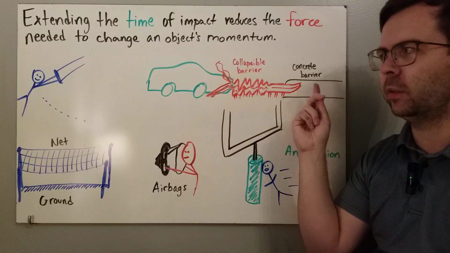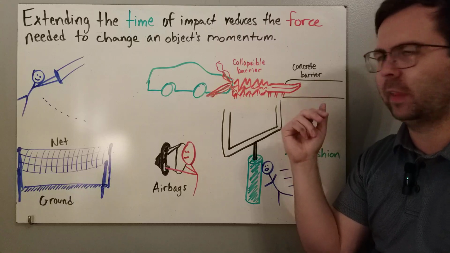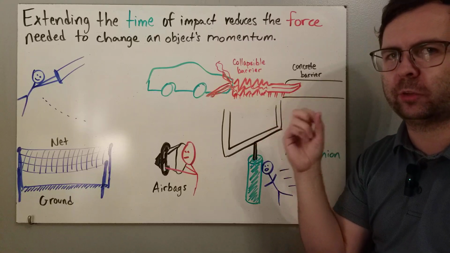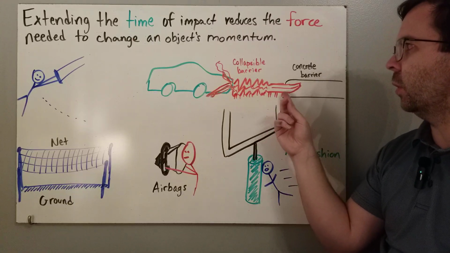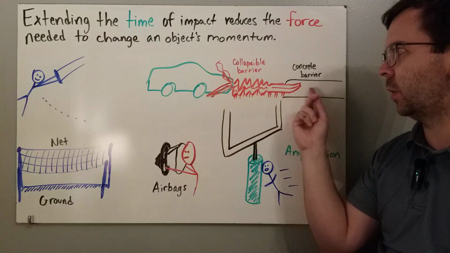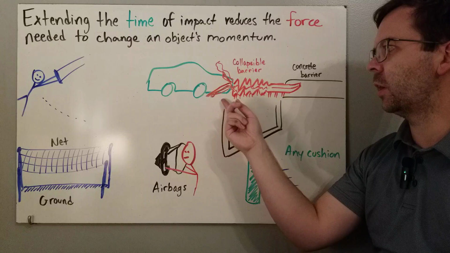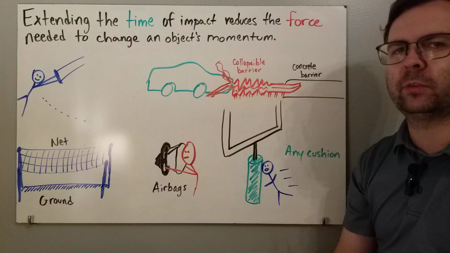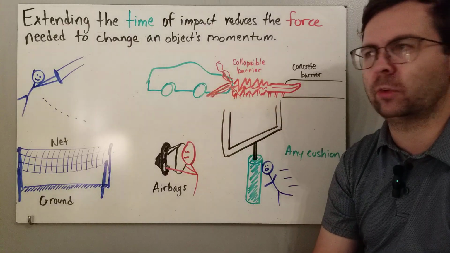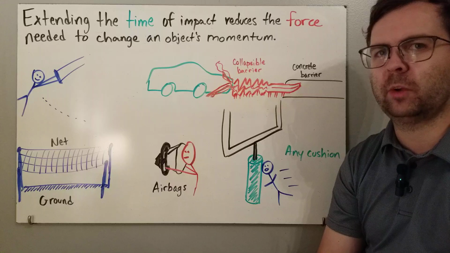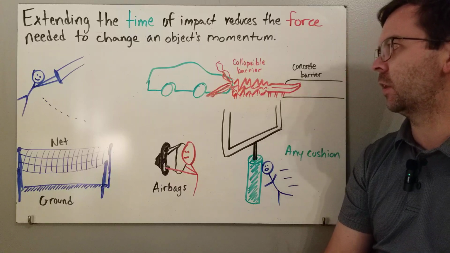Concrete is very hard and it doesn't allow your car to slow down very gradually. It's pretty quick and sudden. So before you run into the concrete barrier, if you run into this collapsible metal barrier, your car can slow down gradually before it hits the concrete barrier. And hopefully it slows down so much before it even hits the concrete barrier that it stops and doesn't have to hit the concrete.